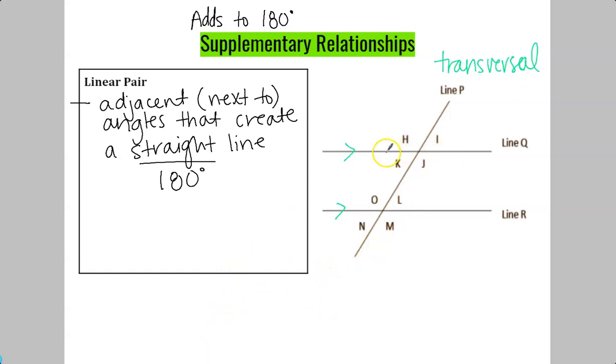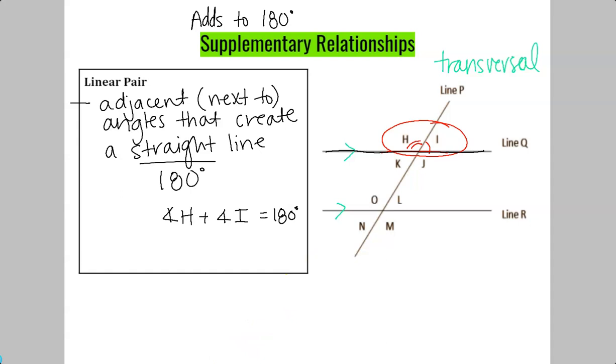So I could use this parallel line right here and say that H and I are a linear pair, because this angle I plus this angle H create this straight line of the parallel line here. Quite literally, their angles create this straight line. So in this way, because it's supplementary, we would say angle H plus angle I is equal to 180 degrees.